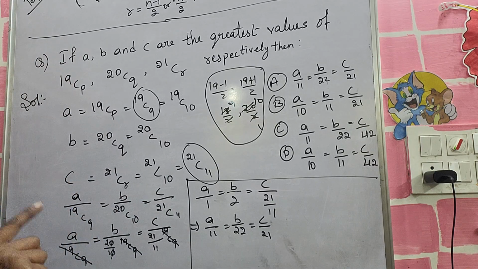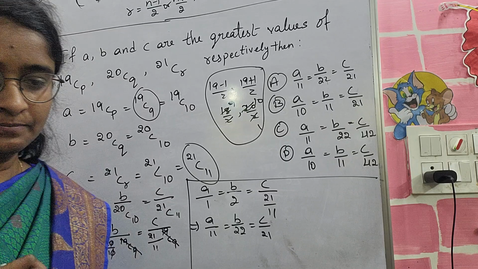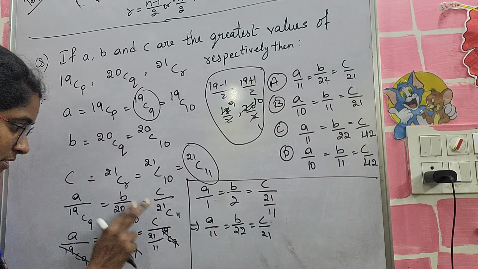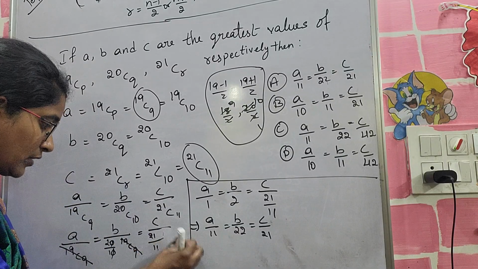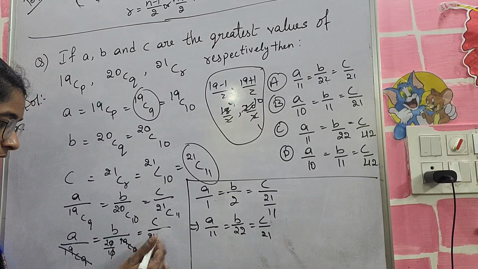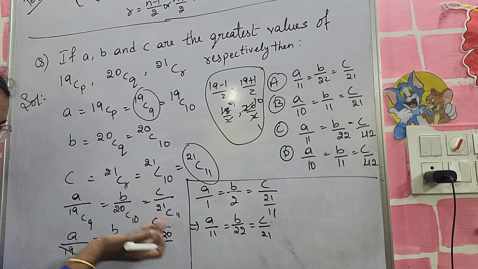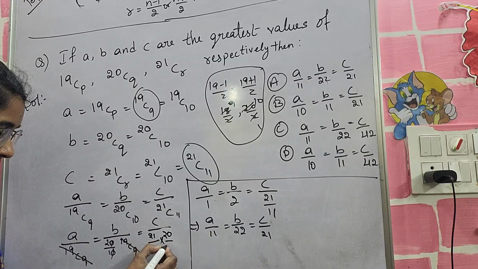If I take 2, 1. Yeah, I missed here. So I missed 2 things here. Sorry, here 21 by 11, and next thing is what here? 10 by, so directly I can't get, right?